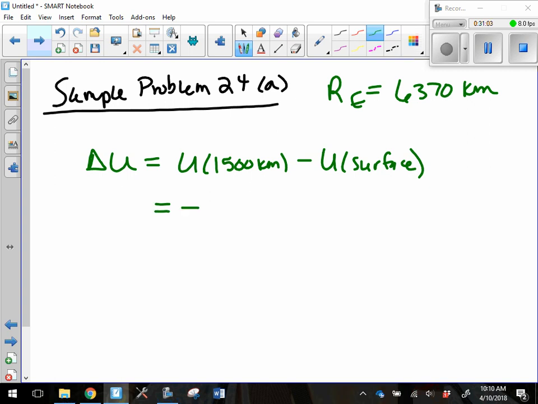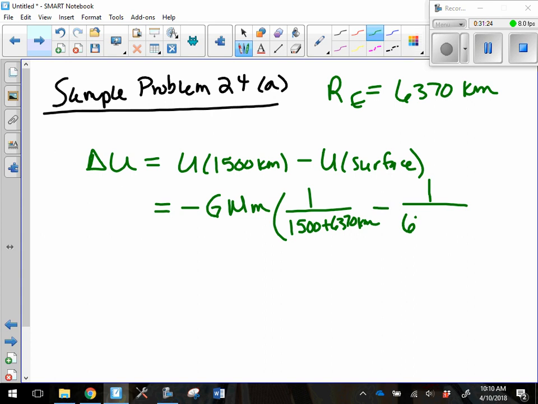So remembering what the formula is for gravitational potential energy, I can factor out G, M, and m, and then I get 1 over 1,500 plus 6,370 kilometers minus 1 over 6,370 kilometers, right?